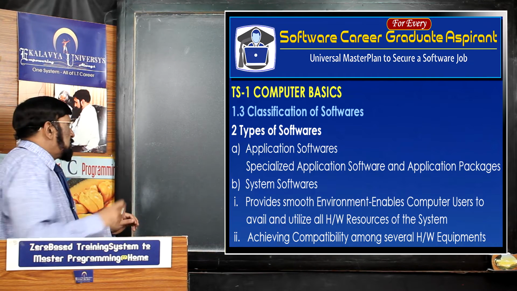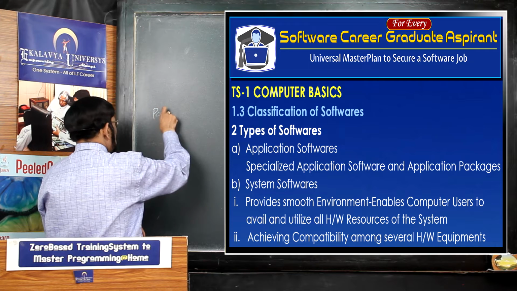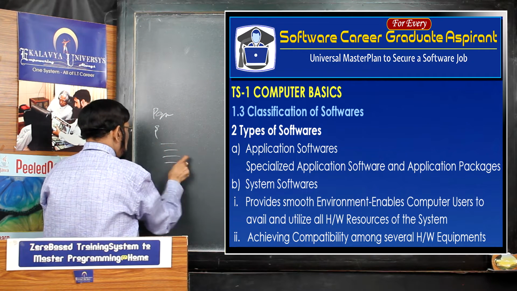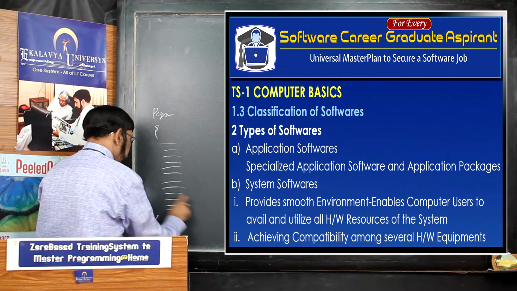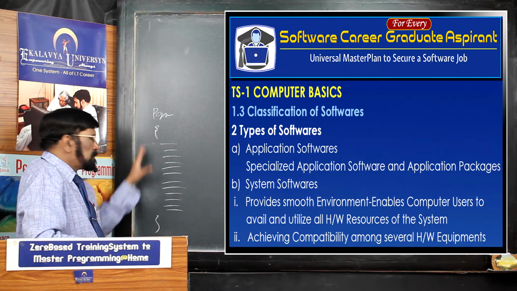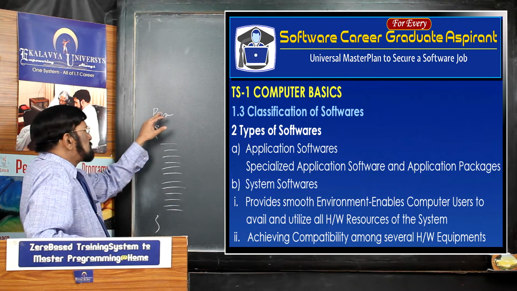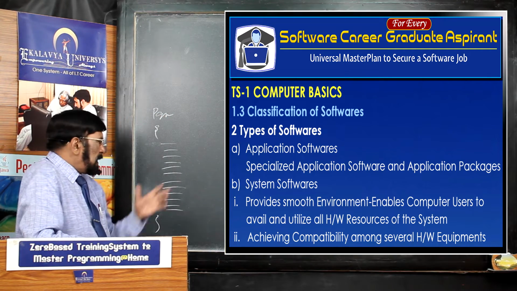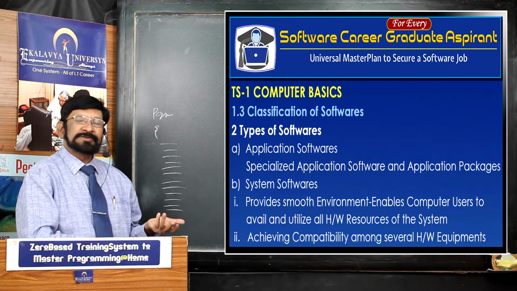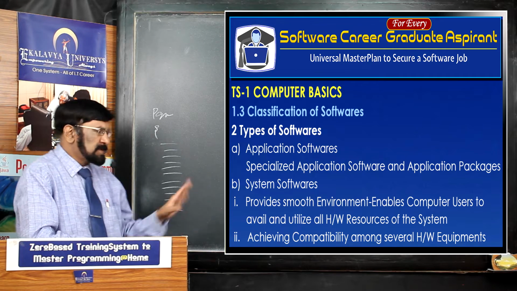Actually, what is a program? What does a computer program mean? Suppose this is a program. In this, a set of instructions are there. All these instructions are bundled as one unit. This is called a program. And it may have 10 instructions, 1000 instructions, or a million instructions.